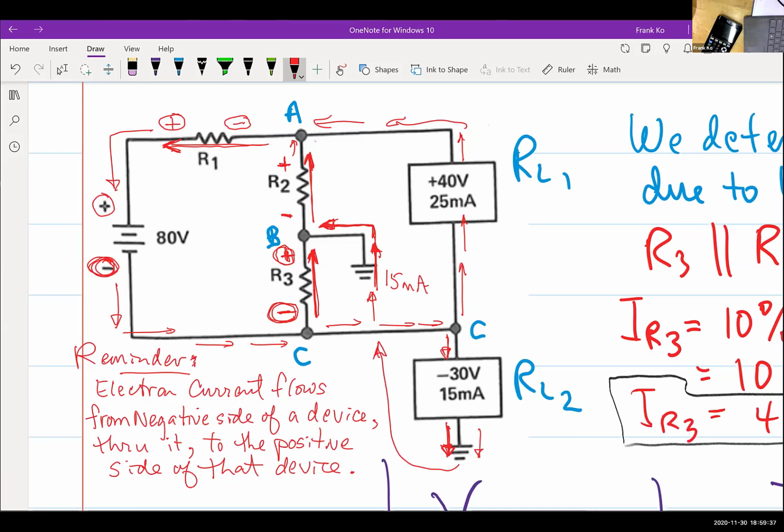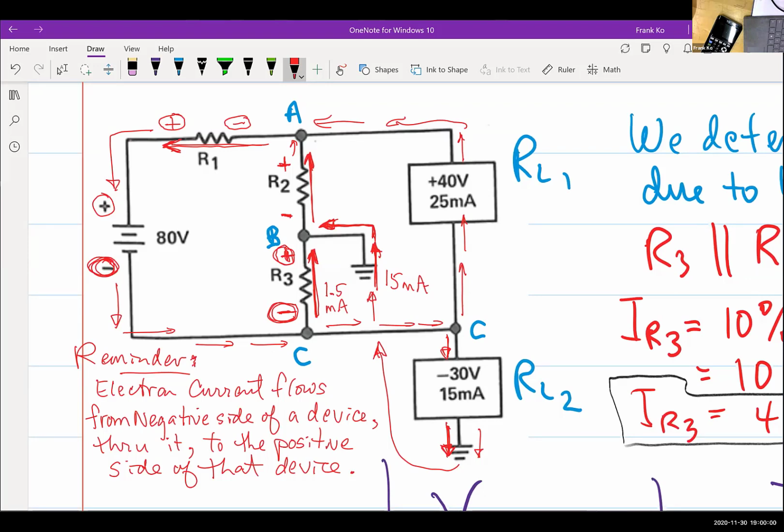And we have 15 milliamps combining with the 1.5 milliamps for the bleeder current. If these two currents combine, I have 1.5 milliamps flowing here. I have 15 milliamps flowing here because 15 milliamps comes from the second load.